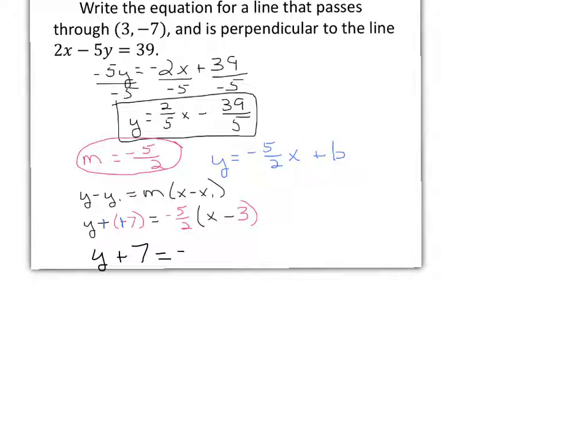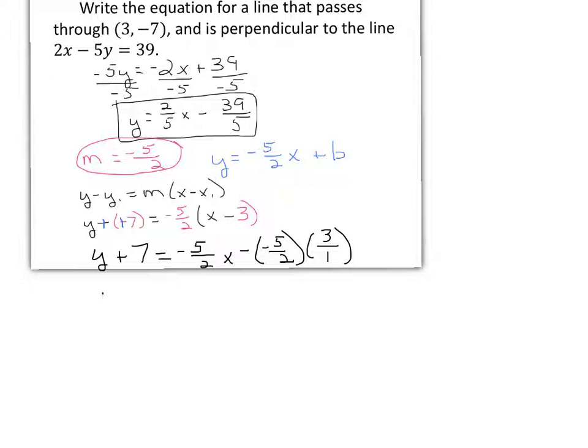So we get negative 5 halves x, and we'll say minus, bring this minus sign down to be careful of our negatives, and then we are going to say negative 5 halves, and we've already brought the minus down, so we can just write 3, which we should write as 3 over 1, because we're going to be multiplying by a fraction.